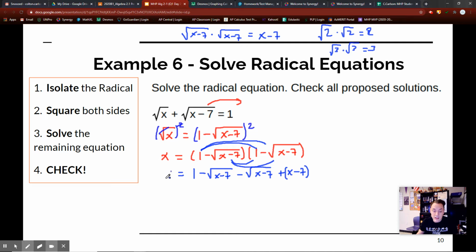So now when I start simplifying this, I can combine these two things because they both have a coefficient of 1. And then I can also see this negative 7 on that side, and the 1 here I can combine.